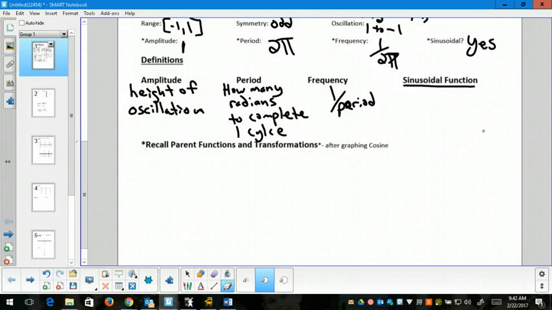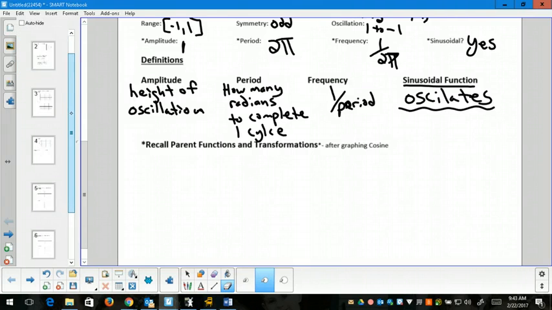A sinusoidal function is one that oscillates back and forth. It's kind of in there in terms of how you use these things to graph, but not an actual vocab.